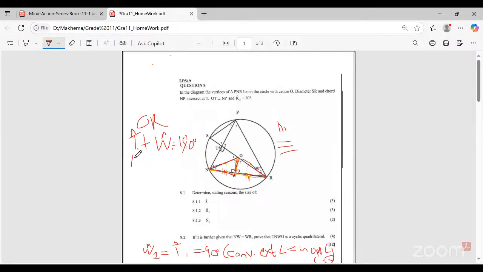Then you can simply go into the converse that opposite angles of a cyclic quadrilateral are supplementary. 100% correct, ma'am. Thank you for the feedback.